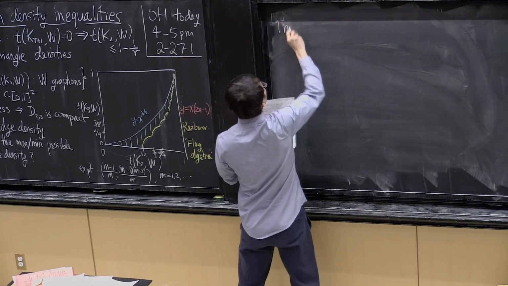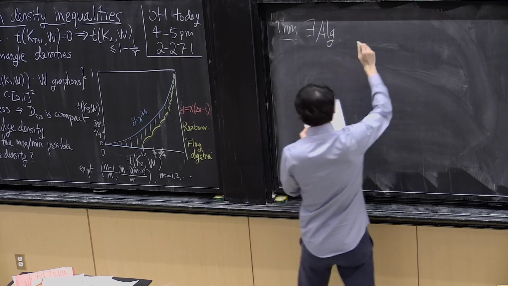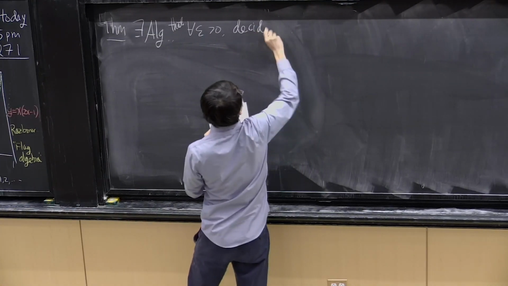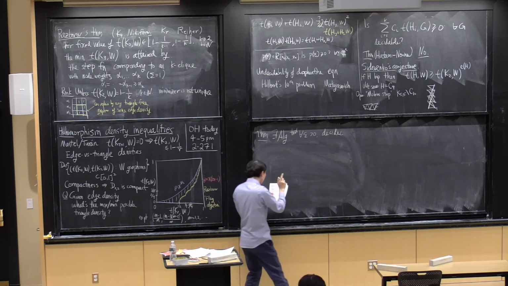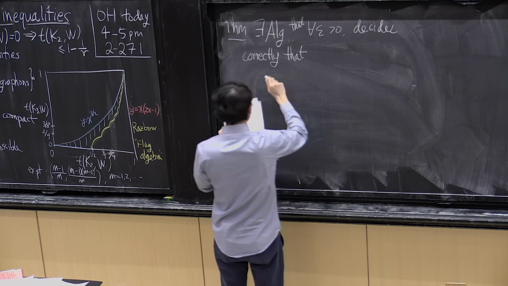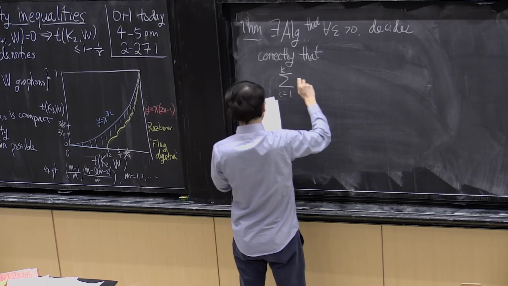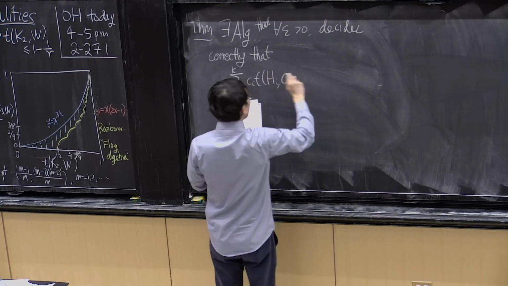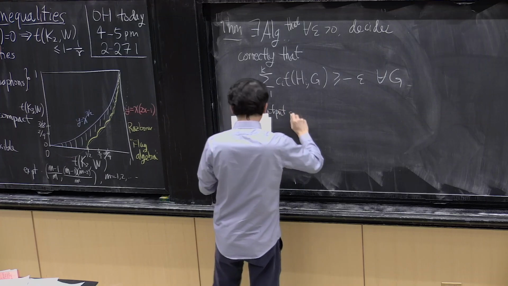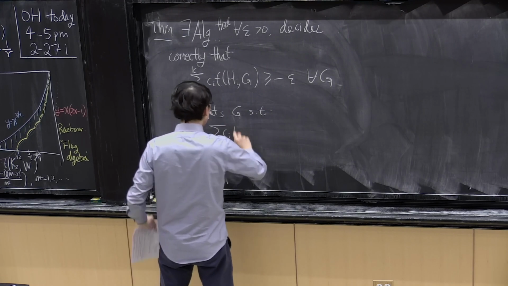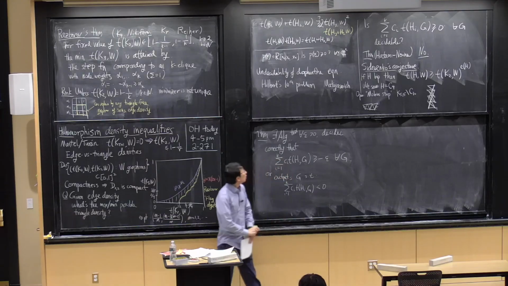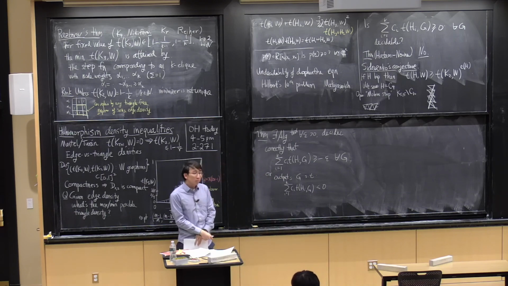There exists an algorithm that decides, for every epsilon, whether that inequality is true up to an epsilon error, or outputs a G such that the sum here is negative. So up to an epsilon of error, I can give you an algorithm.